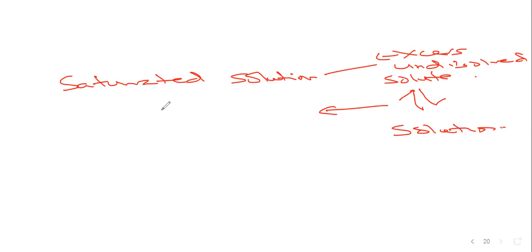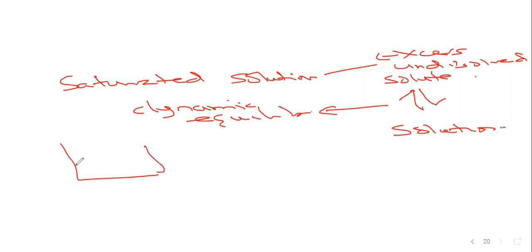And that equilibrium is what we call the dynamic equilibrium. We have a container, we have the solution, we have the solute that is undissolved, the two are in equilibrium. We are calling that the dynamic equilibrium.